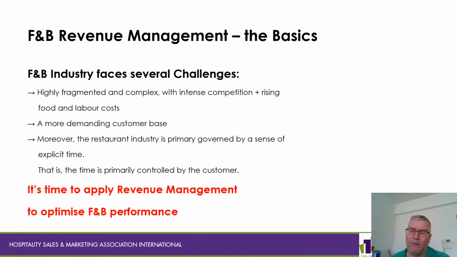If it comes to the stage where now the gastronomy, the F&B industry should apply revenue management, we have to look at the basics, at the conditions, and how to make it work, how to implement this. The industry faces several challenges, and it's not getting better in the future. Stiff competition, rising food and labor costs, and the customers are getting more demanding and more educated. They know what they want, what they don't want as well.